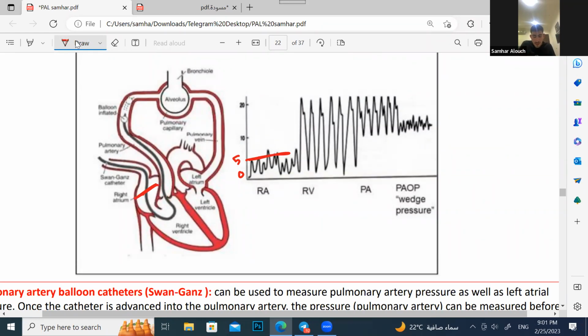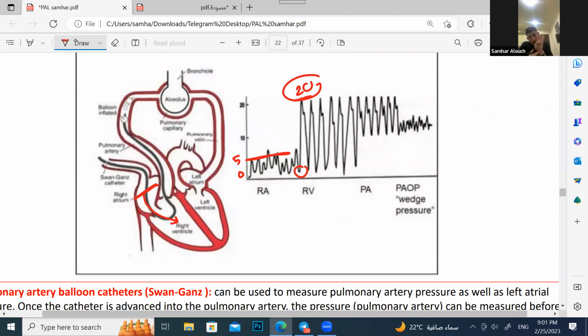Then this catheter will go to the right ventricle, and now the right ventricle compresses itself so the blood can go, and it will have a very high pressure, which is 20, and 0 when it dilates. I forgot what we call when it compresses and when it dilates, but who cares. When it compresses itself to send the blood, it becomes 20. When it dilates, it becomes 0. Okay, that's for the right ventricle.